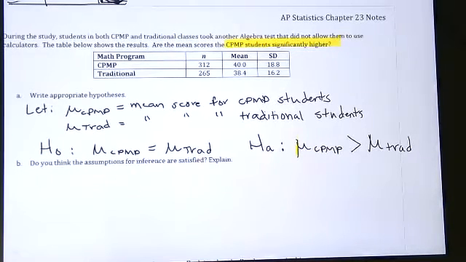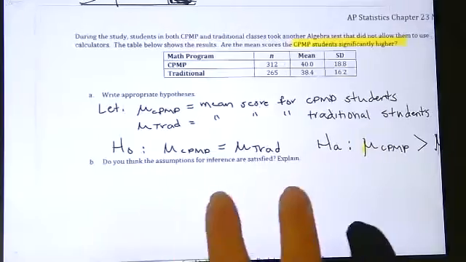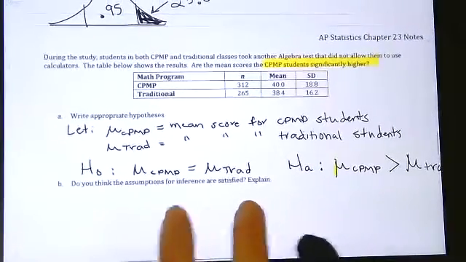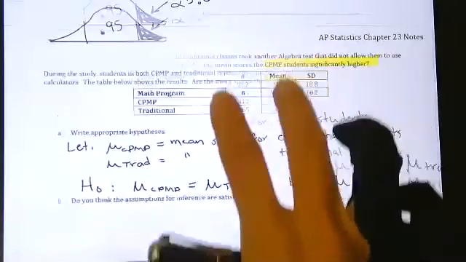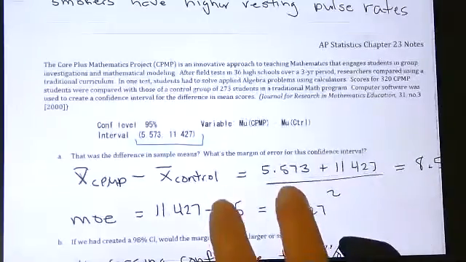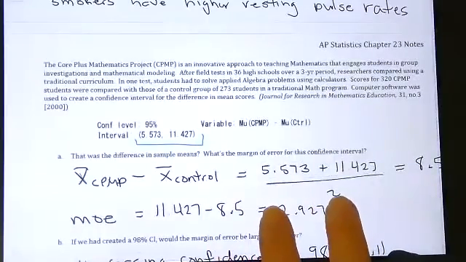Okay, assumptions for inference are satisfied. Do we think that they are satisfied? Let's do this verbally because we're running short on time. We got 15 minutes, but are they satisfied? So randomization. So do we think these are random samples? Doesn't specify here, but it did talk about up here.